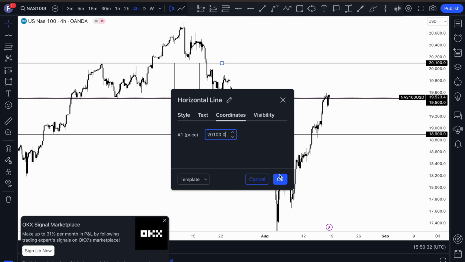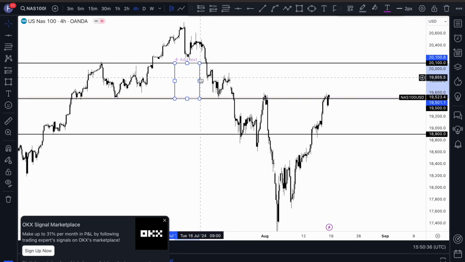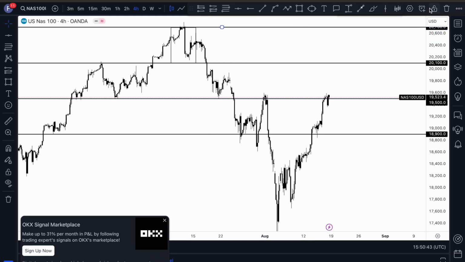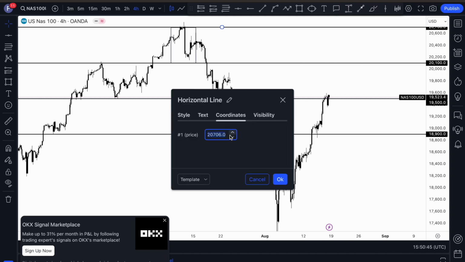So now I just need to round off, and as you can see, everything is aligning perfectly fine. So I just need to put 0 here.